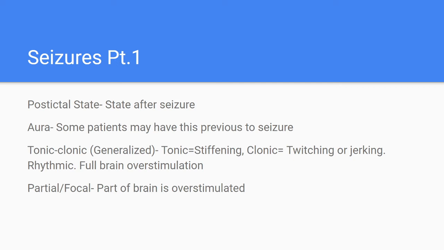They might have visual changes, unusual smells or taste, twitching of muscles and extremities that slowly spreads from one side to the other, and brief paralysis. Now, you might not see all of these symptoms, but generally that's going to be a sign of your simple partial seizures or a focal seizure.